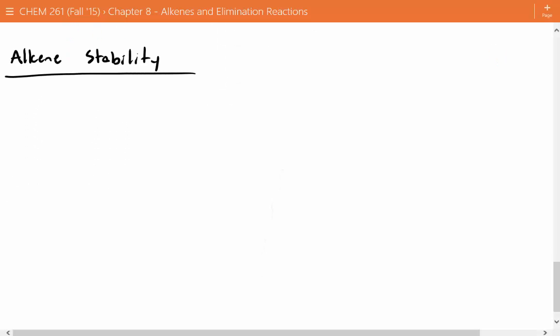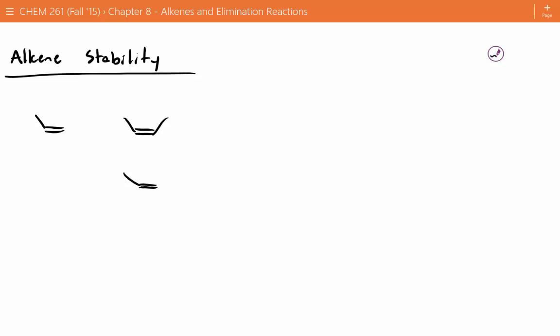All right, so let's continue on and talk about alkene stability. So we've got a bunch of different types of alkenes. We can have this alkene, this alkene, our trans alkene, this alkene, and that one. These are all the different possible arrangements of alkenes, right? What's the difference between them?